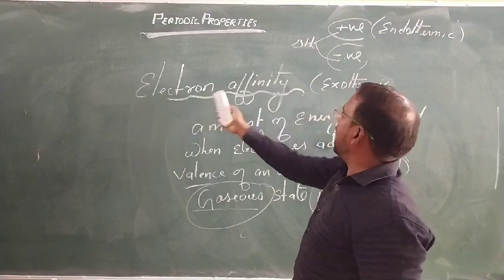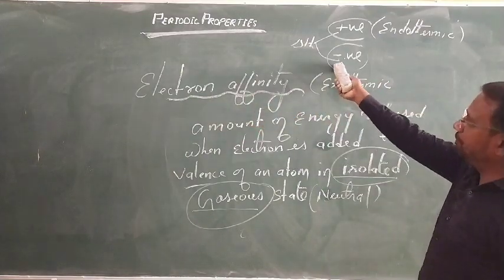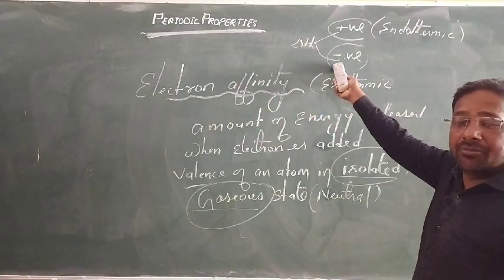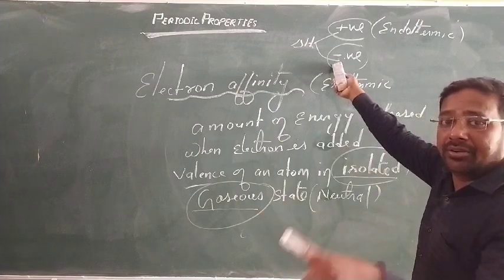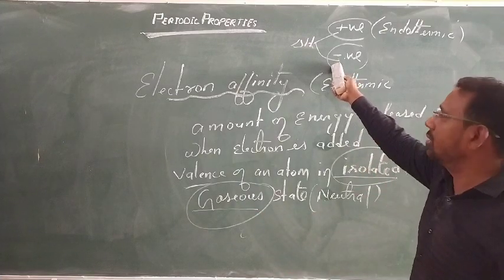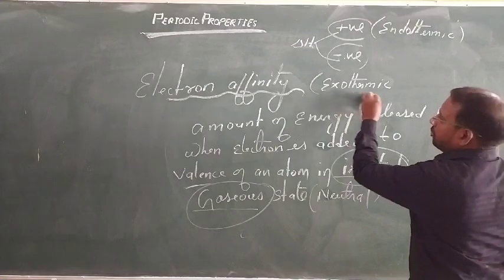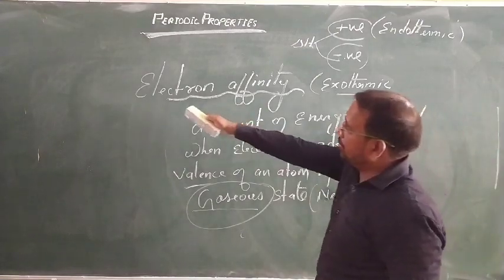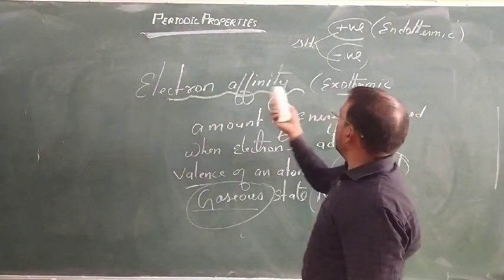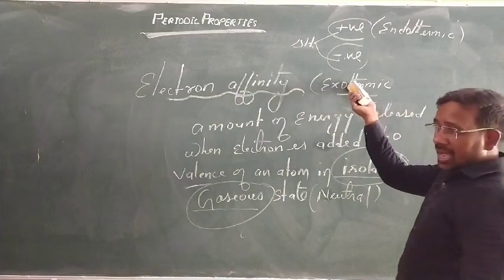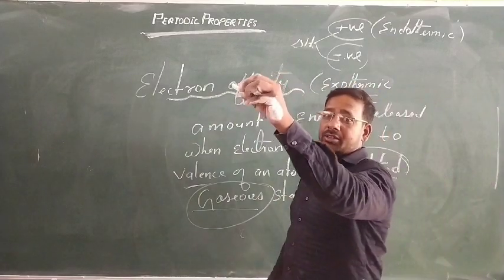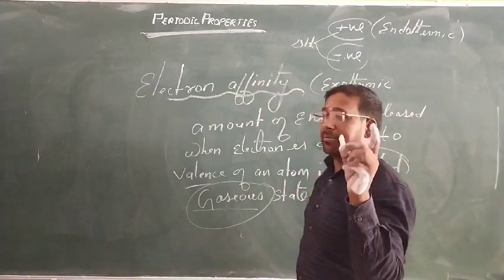In the case of electron affinity, when we add the electron, energy is released, so it is an exothermic process. Just learn that electron affinity is an exothermic process, whereas ionization energy, as we have discussed, is an endothermic process.